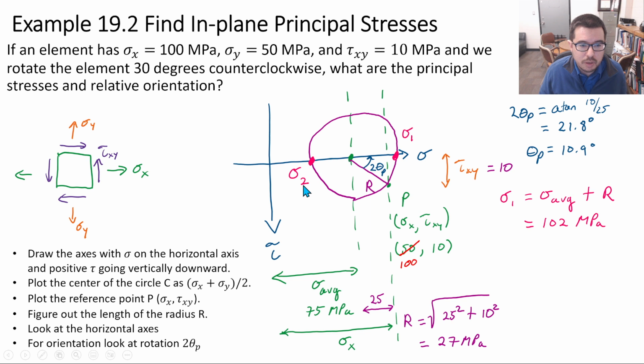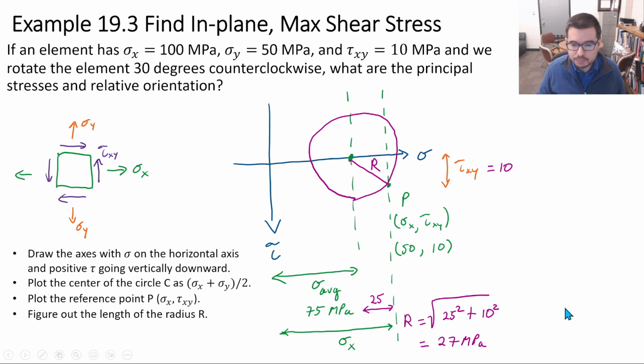So over here, sigma 2 is what we're interested in, because I said let's find both principal stresses in this case. So that's going to be sigma average minus r, which is 53 megapascals.